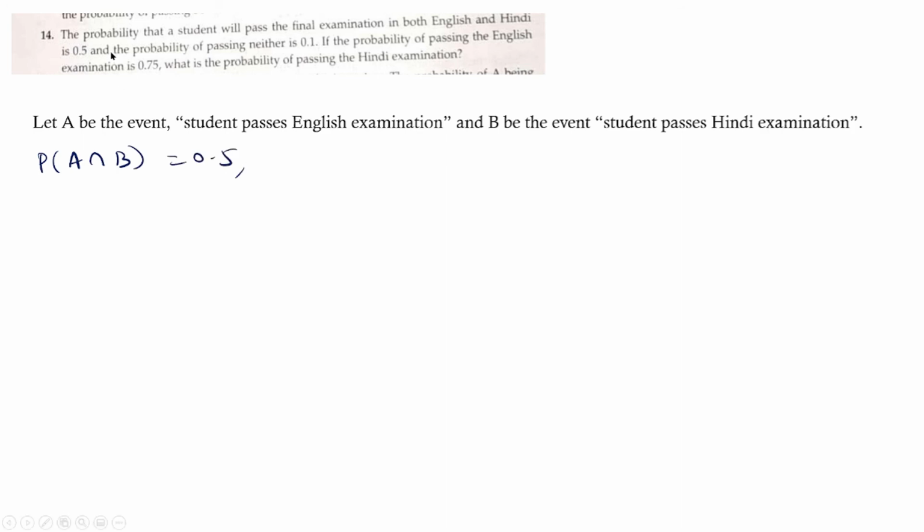Then probability of passing neither is 0.1. That is probability of neither English nor Hindi, it is 0.1. If probability of passing English is 0.75, we need to find probability of passing Hindi. Probability of A is 0.75.